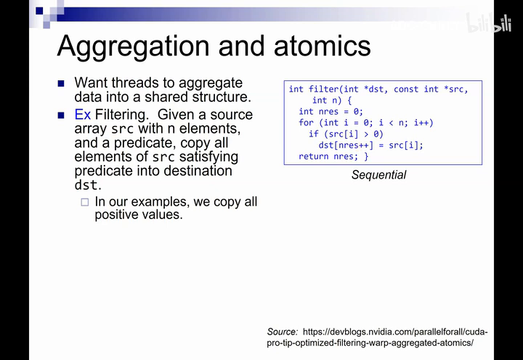And we have this pointer here indicating where we're going to copy the next value to. Each time we copy a new value from source into destination, we increment this pointer. And at the end of this, the pointer tells us how many positive elements we actually copied.